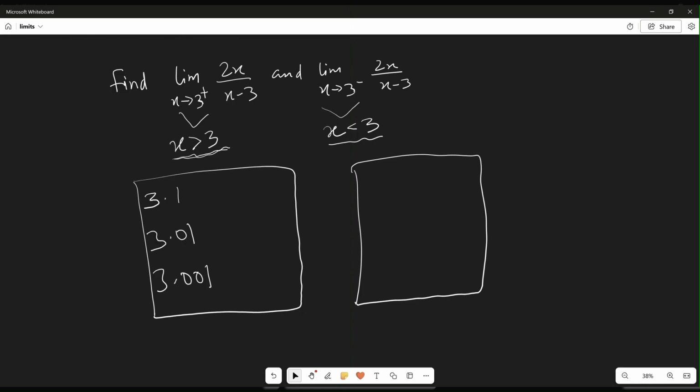So let's just plug in these values into this function, 2x over x minus 3, and you'll see you end up with 62. And if you plug in 3.01, the limit for this function seems to be 602.